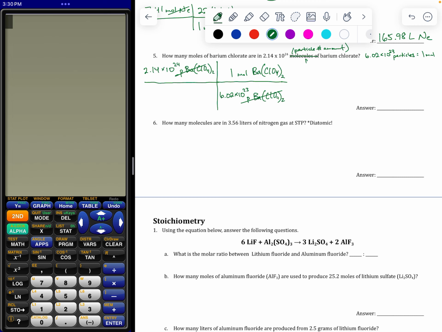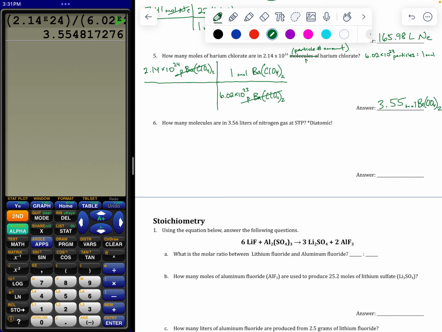The way I like to do it, that's easiest for me, is 2.14 second, and wherever you have these 2 capital E's, that's basically what times 10 to the whatever is. So I could just say 24 now. So E right there represents that. And then close parentheses. And I'm dividing by 6.02 times 10 to the 23rd. All right. Now that gives me 3.55 moles of barium chlorate.